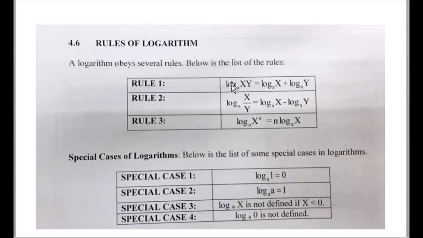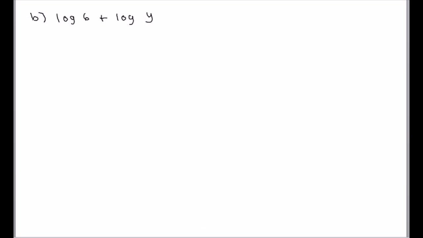Rule 1: when we have log base e xy, it will equal log base e x plus log base e y. So when we have log 6 plus log y, this will equal log 6y. 6 multiplied by y.